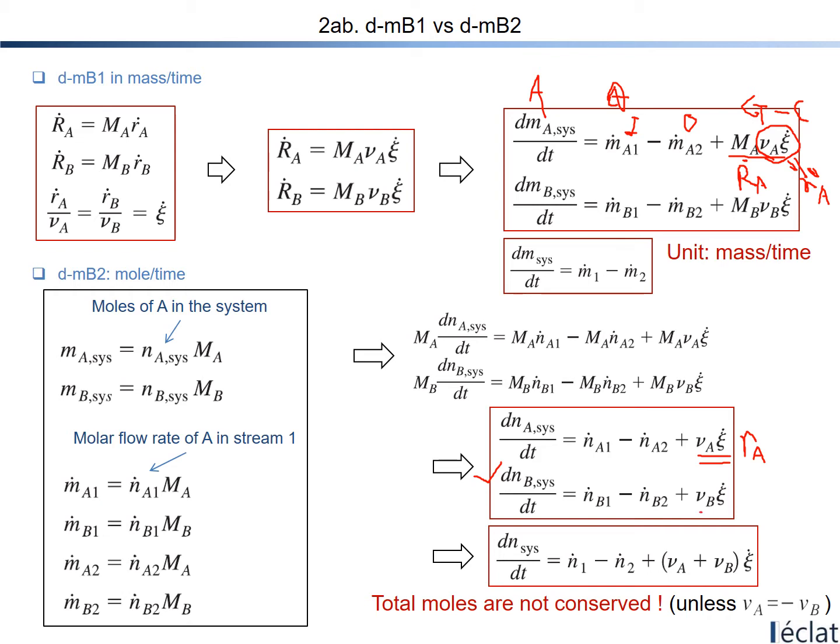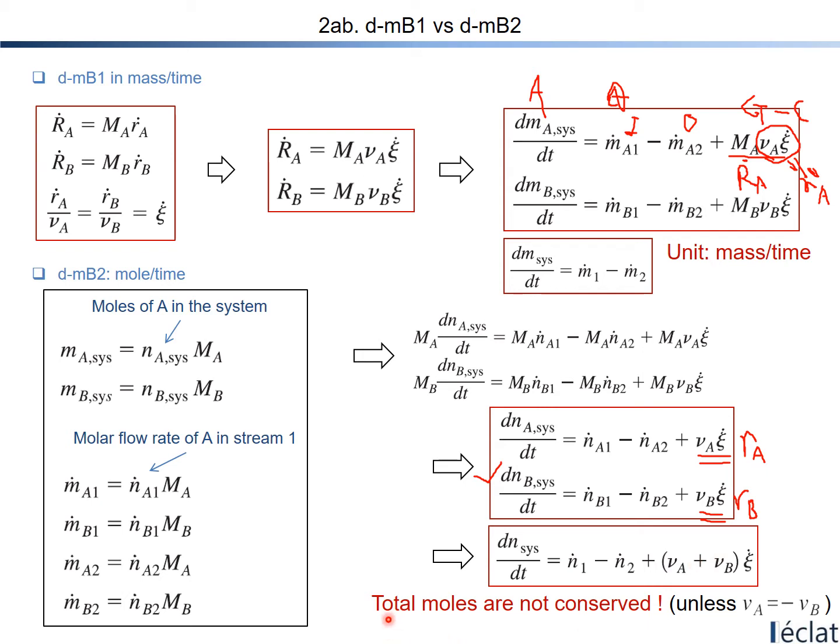Of course, this one is R_B. The third equation is about the total number of moles, the total mole balance equation. So the change in total moles of the system, dN/dt, is equal to input minus output plus the extent of reaction term with the summation of the stoichiometric coefficients.